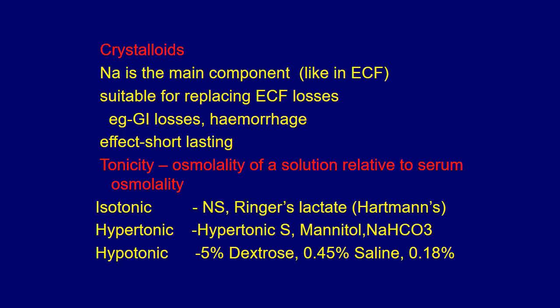Examples are hypertonic saline, mannitol, and sodium bicarbonate solutions. Then there are crystalloid solutions which are hypotonic, which means their tonicity is less than that of serum. Their examples are 5% dextrose, 0.45% saline with dextrose, or 0.18% saline.